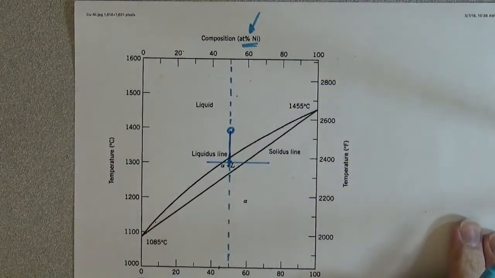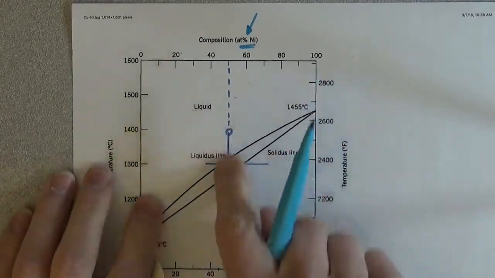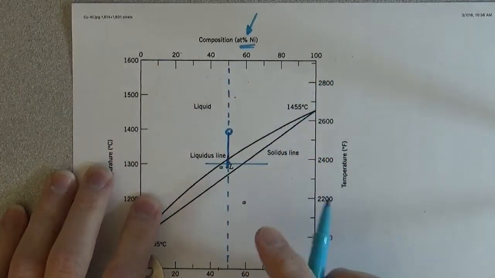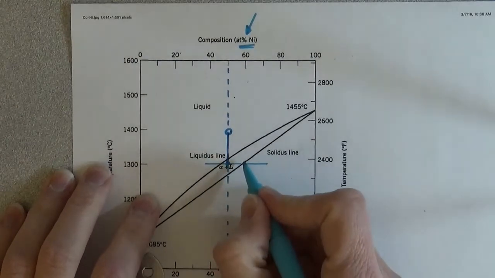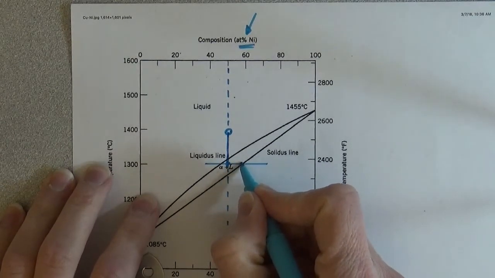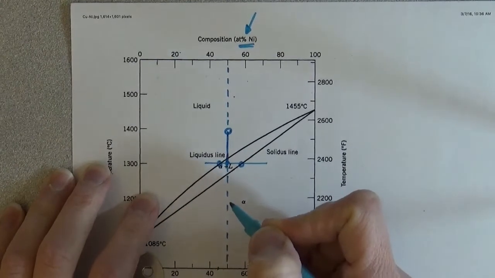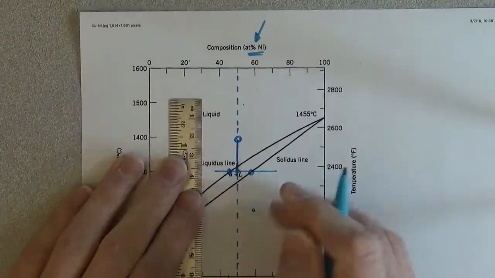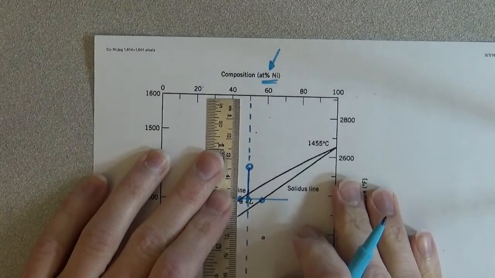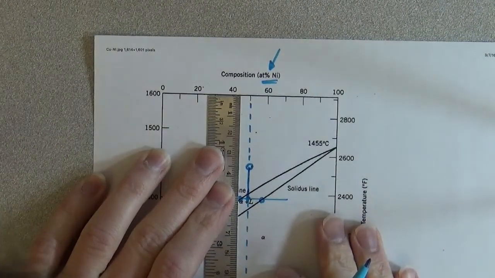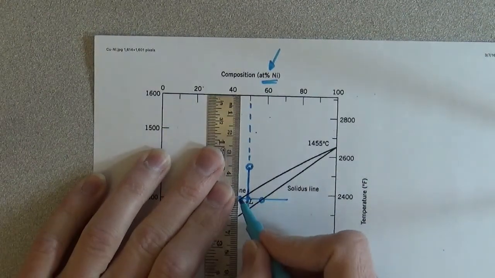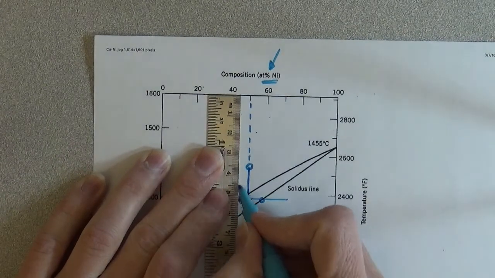So our tie line is perpendicular to our cooling path. And then we look at where the tie line crosses the boundaries, and now we draw a line from that intersection to the axis.